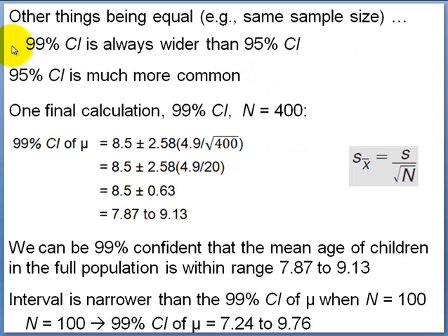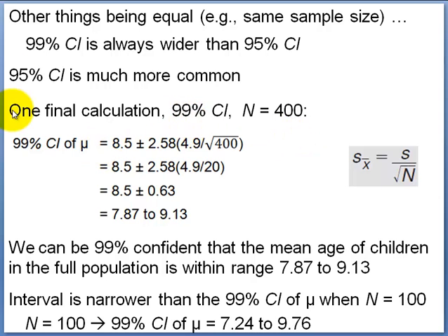Other things being equal, a 99% confidence interval is always going to be wider than a 95% CI. Now, the 95% CI is much more common. So, this is tradition. Social science has, by tradition, decided that a 95% CI provides a good balance between precision and degree of confidence that the interval is doing its job.